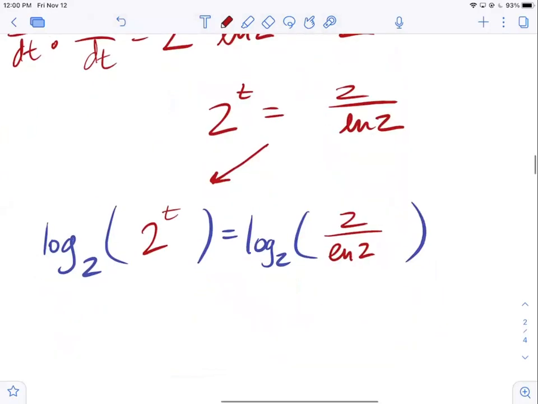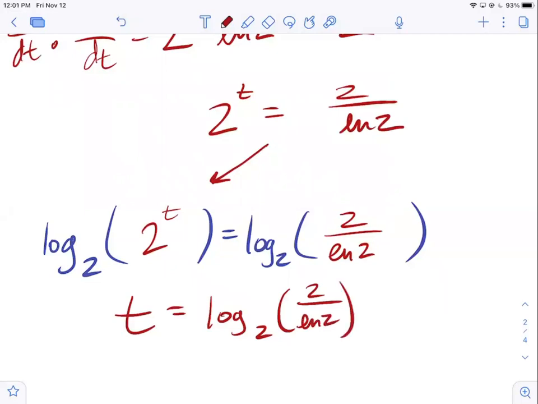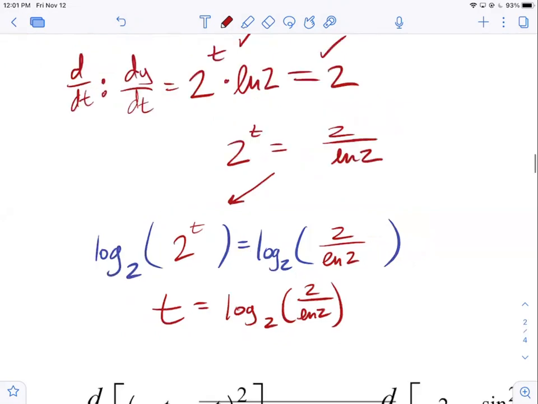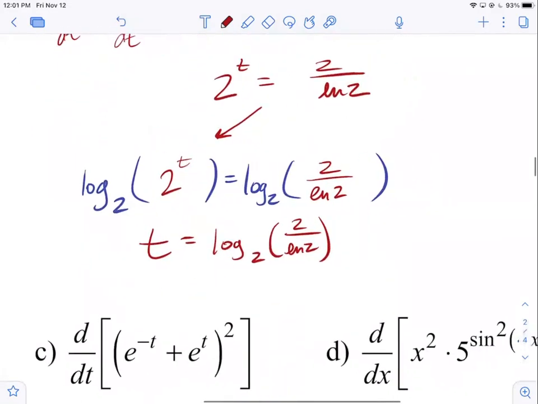The reason that's nice doing log base 2 is because what is log base 2 of 2 to the t? It's t, right? When you compose 2 inverse operations back to back, you get your input. Start with t, exponentiate at base 2, log at base 2, you're back where you started. And now you really wouldn't need to simplify this side. If this were a free response, there's your t value. All we'd have to do is find the corresponding y value, okay?